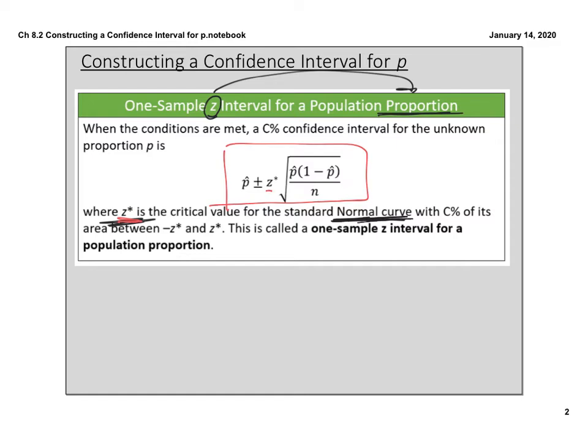It's going to be the standard deviation times this critical value. And this is what gives us the C percent of confidence, depending on what confidence level we're looking at. Are we looking at 90%? Are we looking at 100%? Not 100, but 90, 99, 80. Sometimes they go as low as 80. That's where that Z star value is going to come into play there.